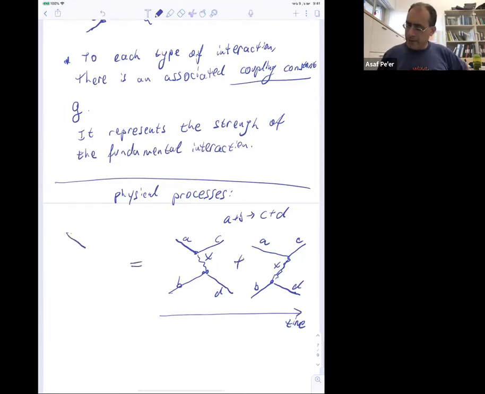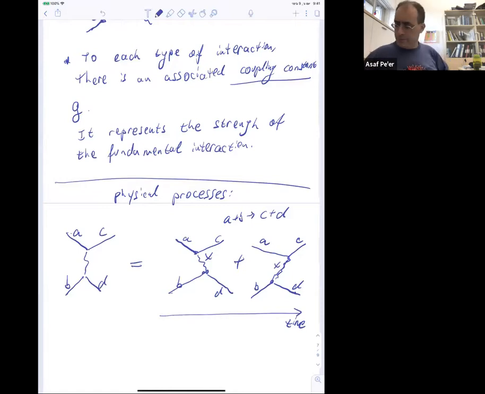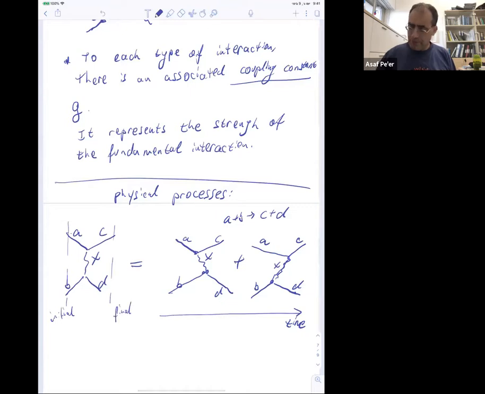So we'll simply write down the diagram that looks like that, where it's understood, when you actually do the calculation, that we have this initial state, we have a final state, and this diagram really represents the sum over all the time-ordered possibilities that can happen.